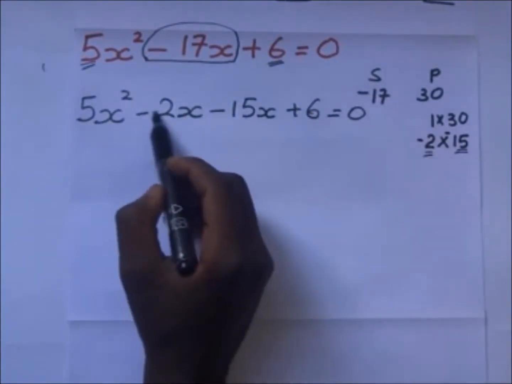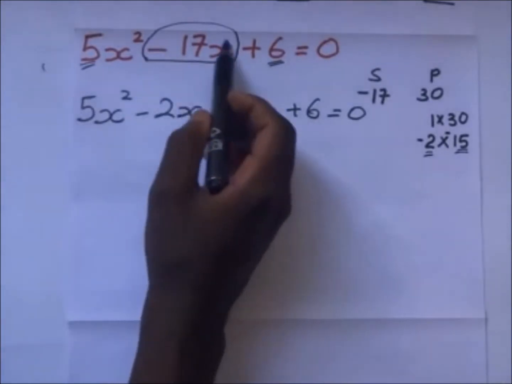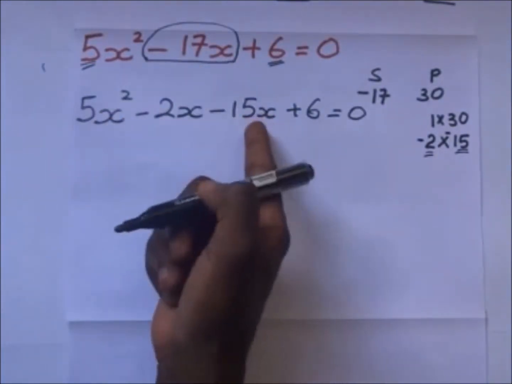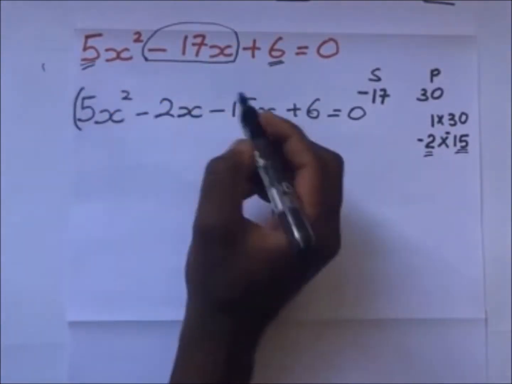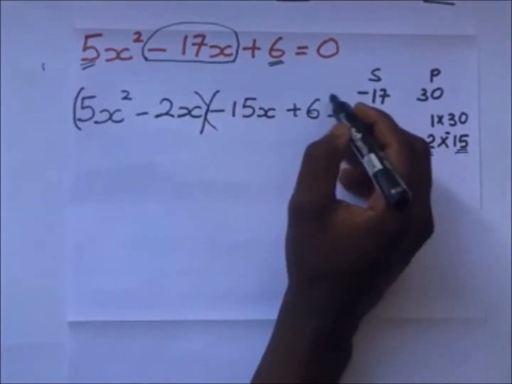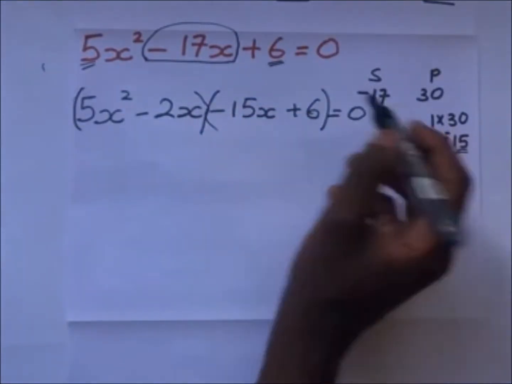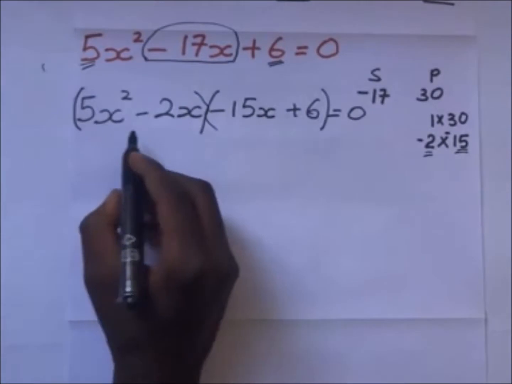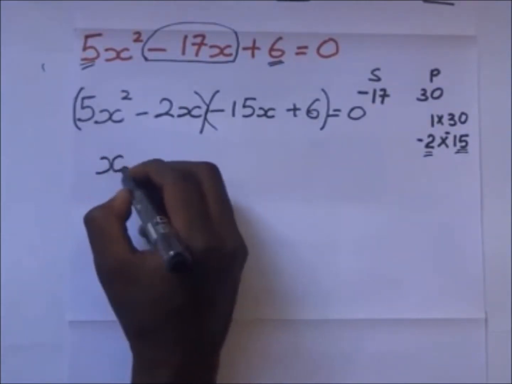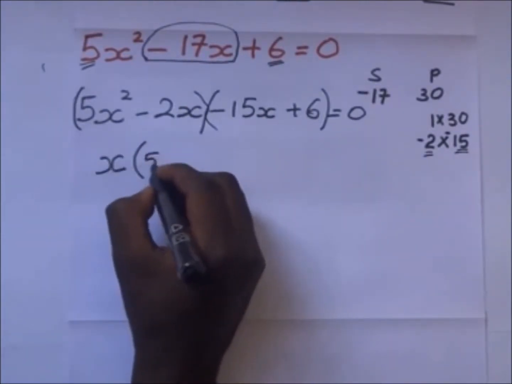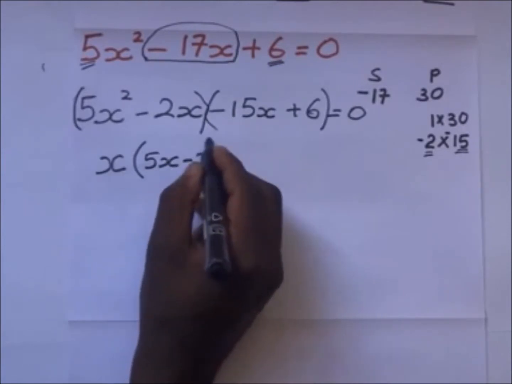You realize that negative 2 minus 15 gives us negative 17, so this leads us back to the original middle term. Now we introduce brackets and factorize out. The common factor here is x, so we put x outside the brackets into 5x minus 2.